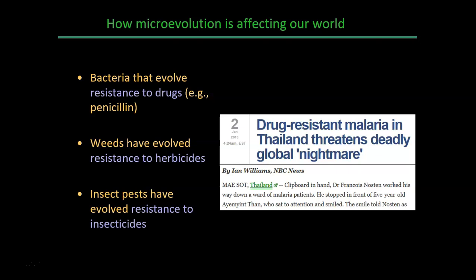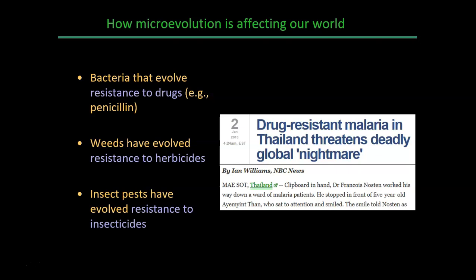Bacteria have evolved resistance to our drugs that we designed to kill bacteria. There's a whole process where doctors prescribe too many antibiotics, and people don't take their antibiotics properly, and therefore they cause some of the bacteria in their bodies to become immune to the drug through the process of natural selection, which we'll talk about in the next class.